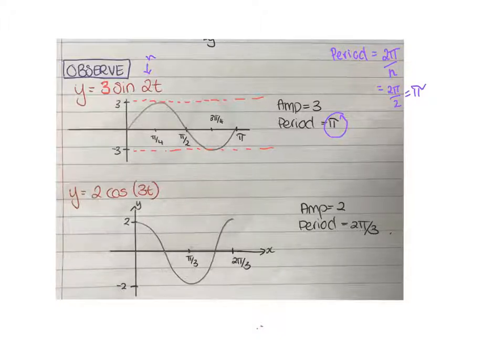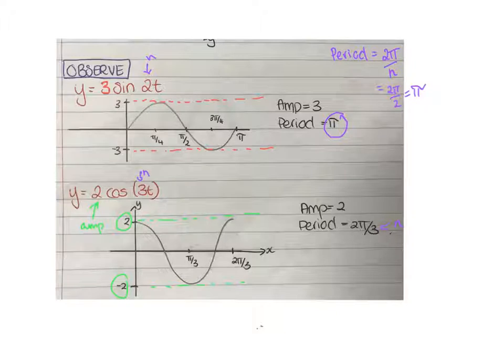Now if we observe the cosine down here, we can see again, this 2, the number in front of the cosine, is telling me the amplitude. You can see it peaks at 2 and drops to -2. If we draw across there, we can see that. And for this period, if you follow the rule, you can see they've done 2 pi divided by n, and there was the n there.